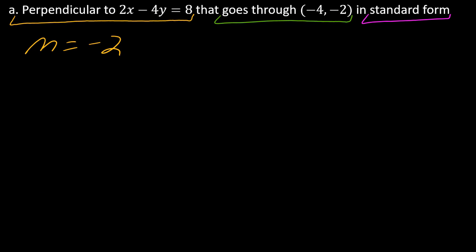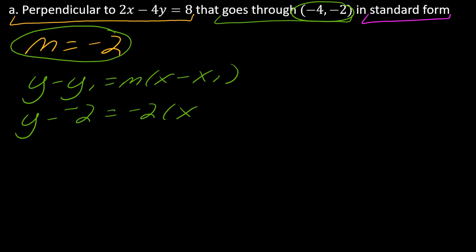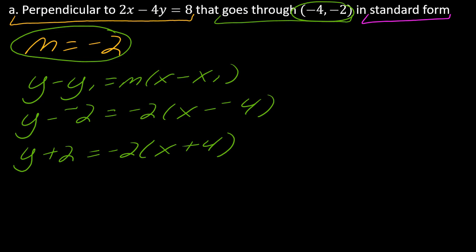Okay, so now that I have my slope, now I can take in the next piece of information. I've got my slope and I've got my point. So I'm going to use my point slope form to put all of that information together. So plugging this all in, I get y minus negative 2 equals negative 2 times x minus negative 4, which will simplify to y plus 2 equals negative 2 times x plus 4.